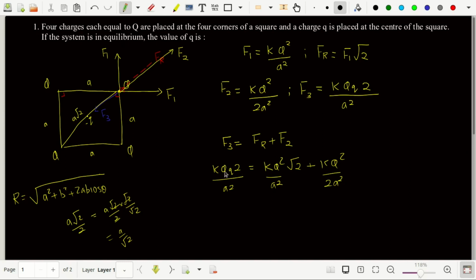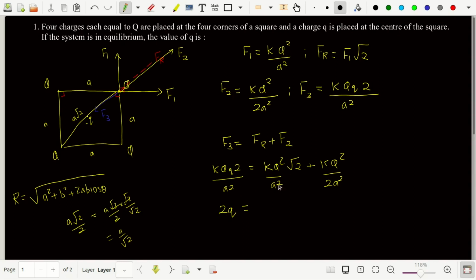So we just need to simplify this particular equation. If I take out K and capital Q from the left hand side, and over here also I can see they are in squares and A square, the K and K can be cancelled out, so I am left with 2q, and A square also gets cancelled out.